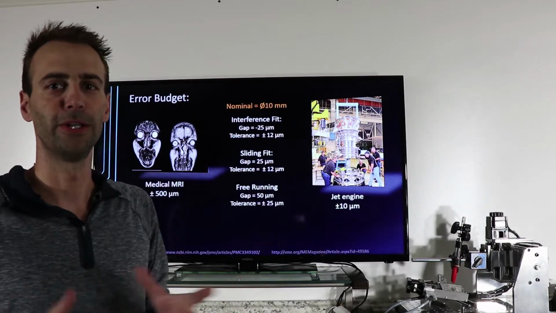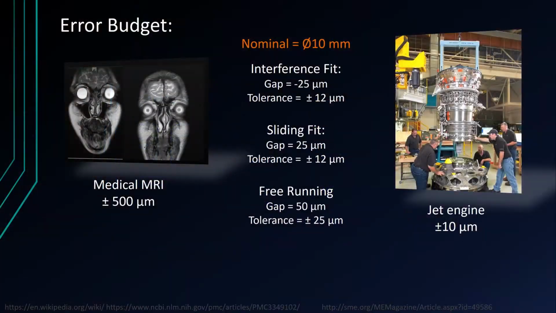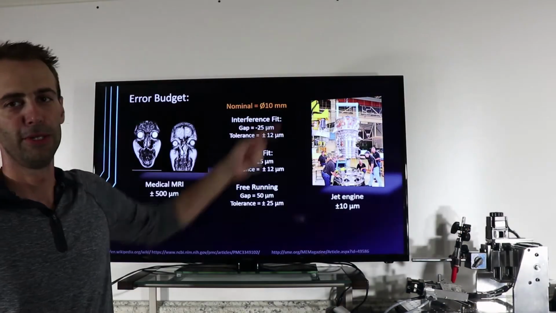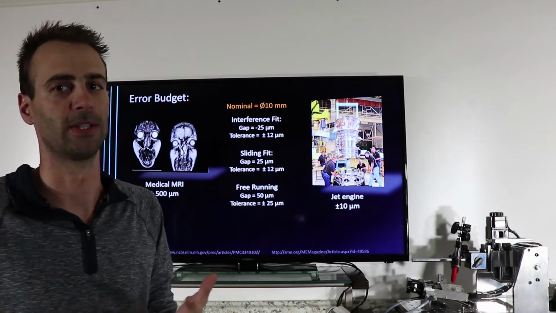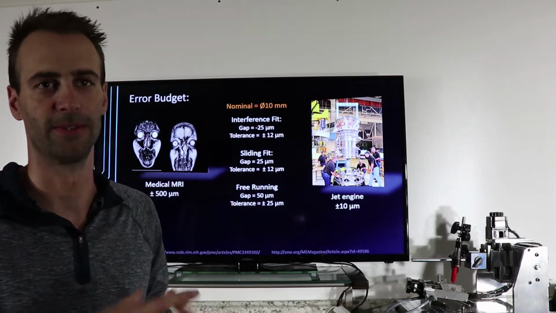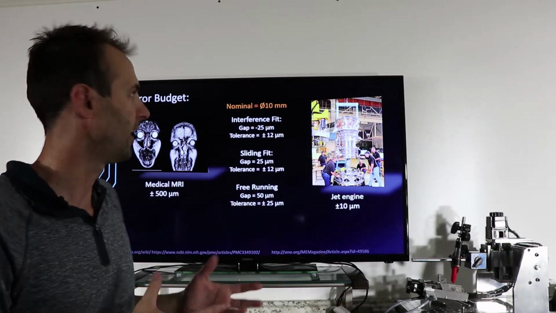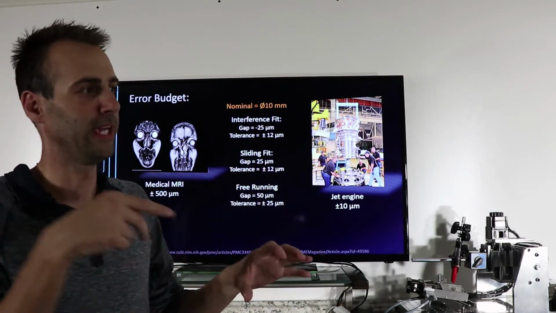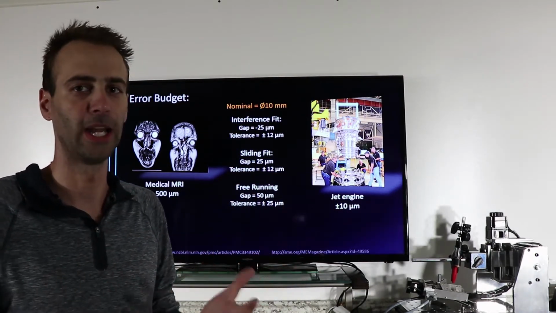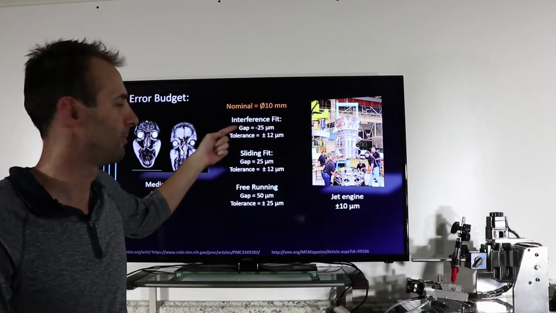So when you talk about interchangeable parts, this middle example here, it's on a 10 millimeter shaft. If I was going to make an engine or a camera part or whatever, I have to decide, when I have 2 pieces that fit together, when that shaft goes into the bore or a locating pin or whatever, what type of fit do I want?